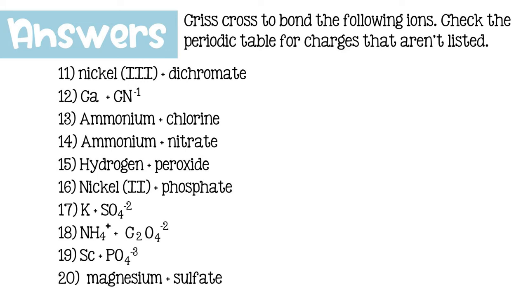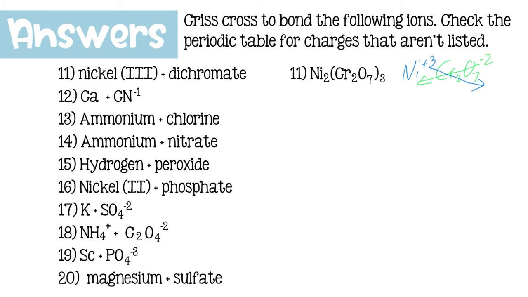So in this case, we have nickel 3 dichromate. Nickel 3 is Ni+3. Dichromate is Cr2O7 -2. So let's crisscross them and we get Ni2 and then in parentheses Cr2O7, and there's 3 of those.